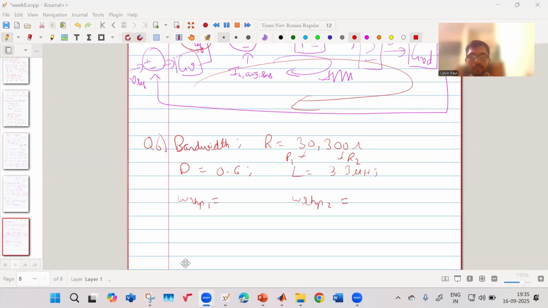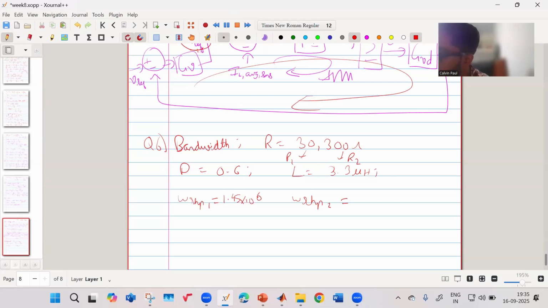Sir, for 30 ohm, it is 1.45 into 10 raised to 6. Okay, 1.45 into 10 raised to 6, this is in radians per second. Convert it into hertz. Divided by 2 pi. Yes, divide by 2 pi. 231.49 kilohertz.